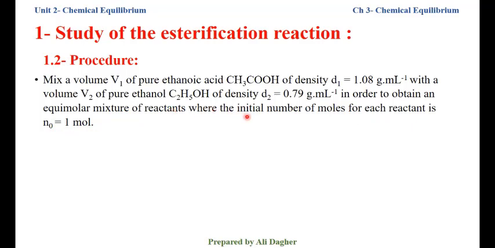When we say equimolar mixture, that means the initial number of moles of acid equals the initial number of moles of alcohol, equal to 1 mole in this case.